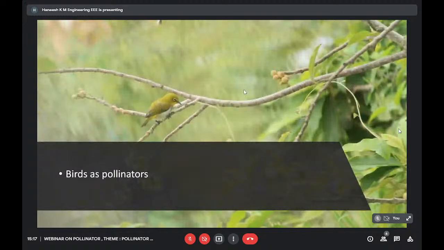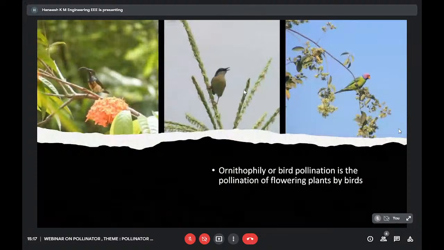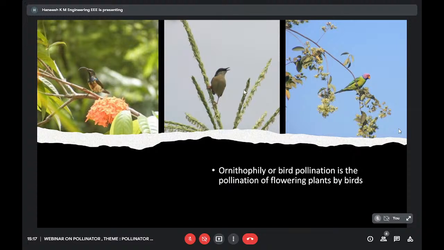You can see that a lot of birds are also involved in pollination. You would have seen birds like sunbirds and parrots, all those, they visit these flowers.